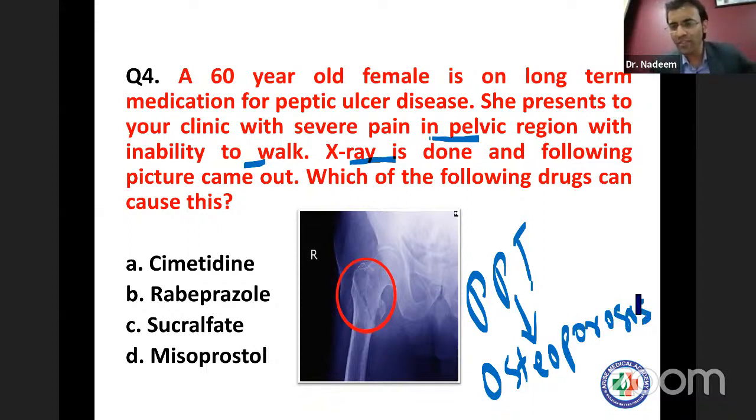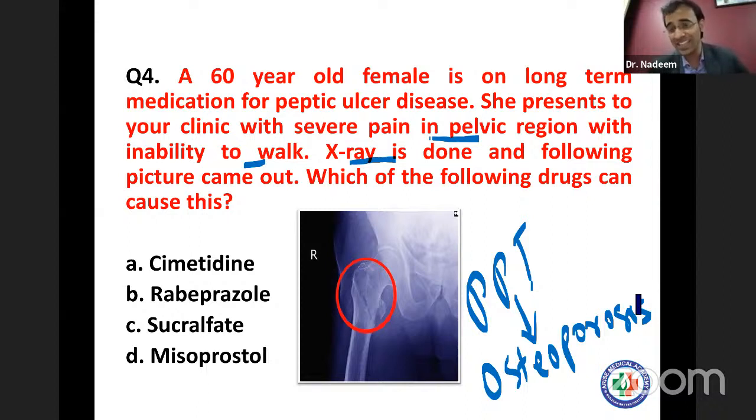So if I have an old patient on long-term treatment for peptic ulcer disease with a proton pump inhibitor, she can suffer from osteoporosis, and she will give this history: sir, in the washroom I fell down, after that I'm not able to walk. My family has brought me here.